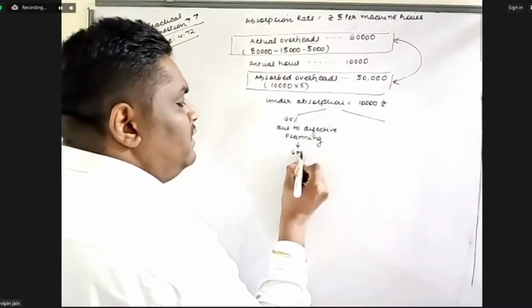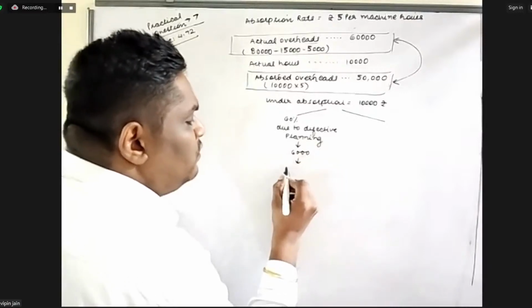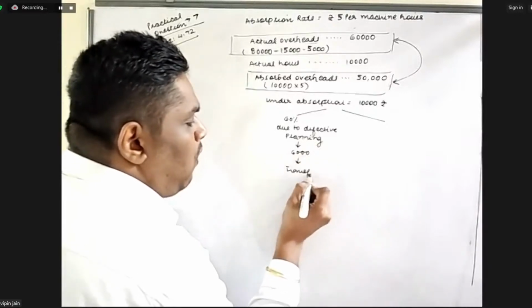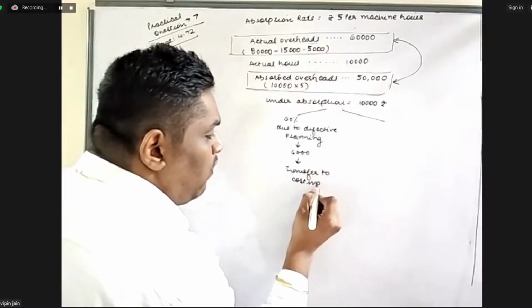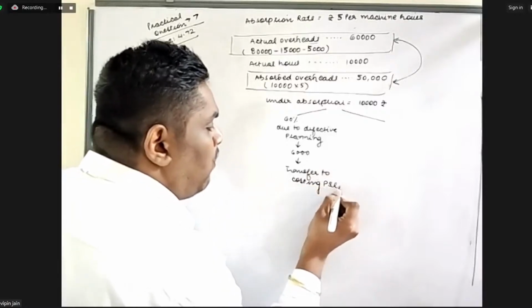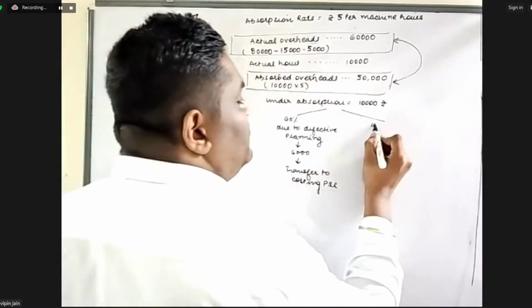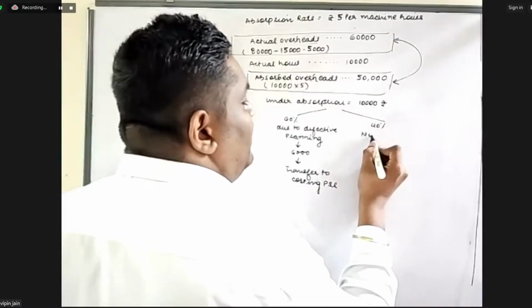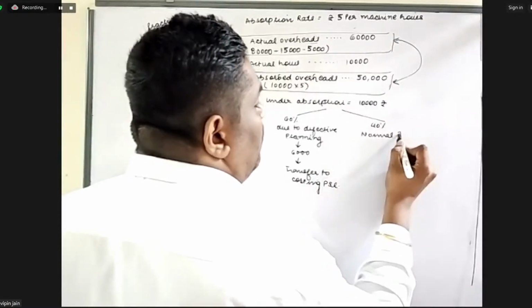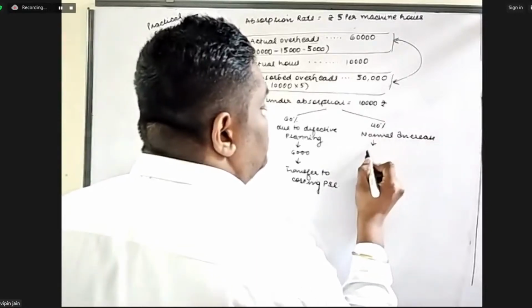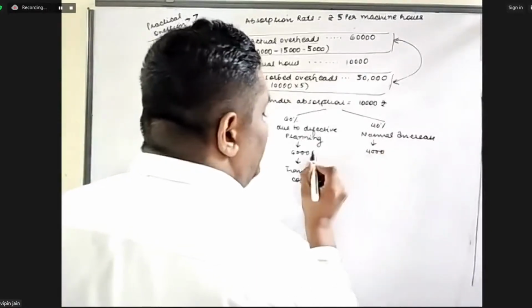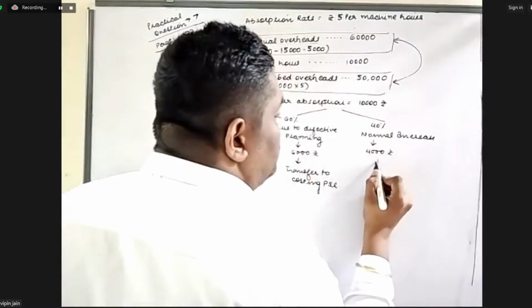So 6,000 will be transferred to costing P&L. Remaining 40% normal increase, that is 4,000. So we will calculate the supplementary rate.